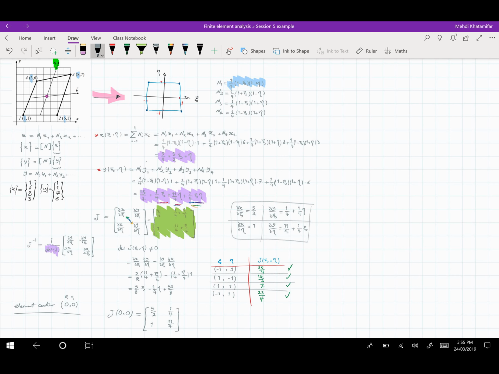Sometimes we don't go that way, and we have another option, which is calculating these items term by term.